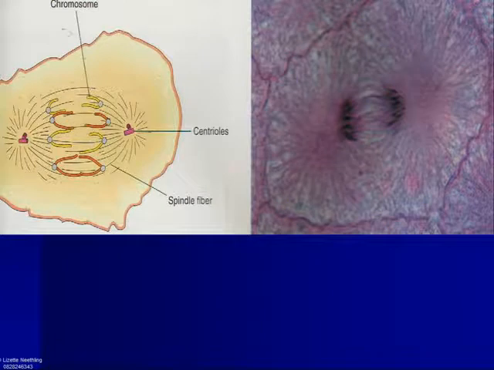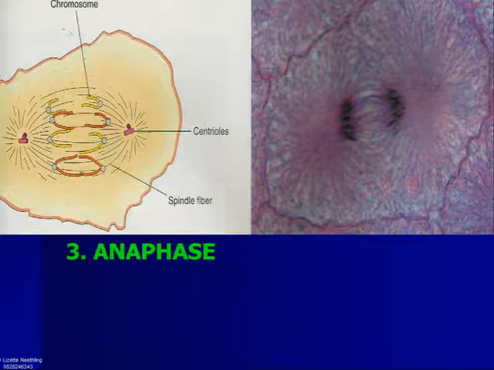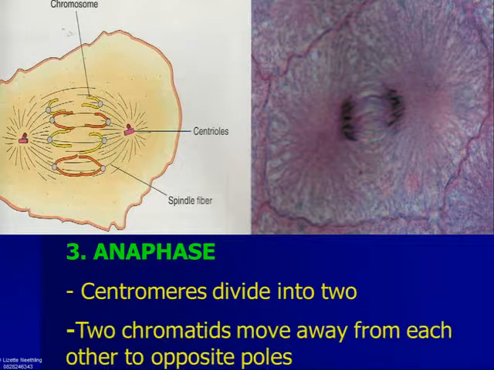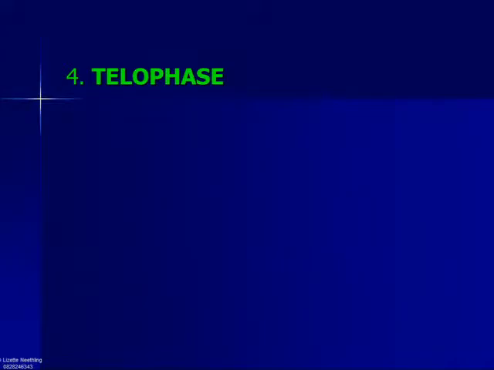That is the next phase, prophase, metaphase. This one will be anaphase, where they start separating. The spindle fibers become shorter, the centromere divides, and we have sister chromatids moving apart, they move to opposite poles.